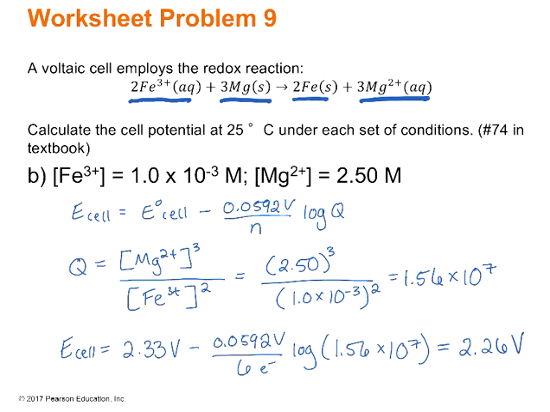Okay, so if we compare that to our E cell value under standard conditions, it's a little bit smaller. So would this set of conditions be more spontaneous or less spontaneous? So this will be less spontaneous because it's less positive.